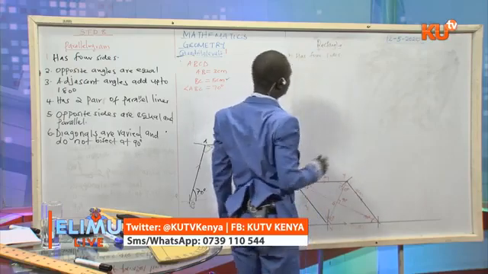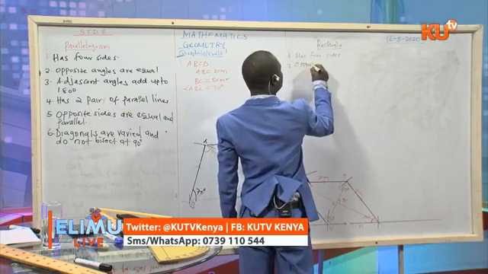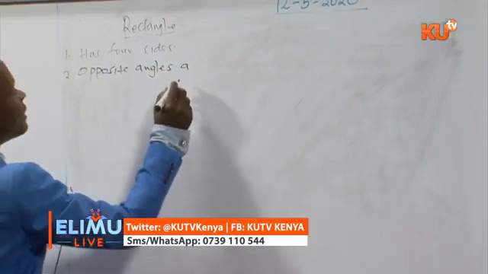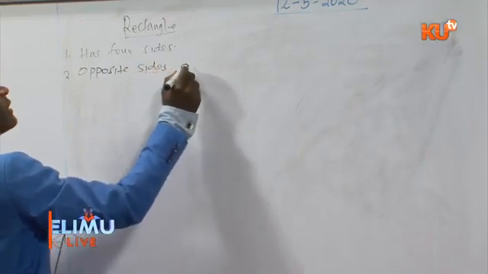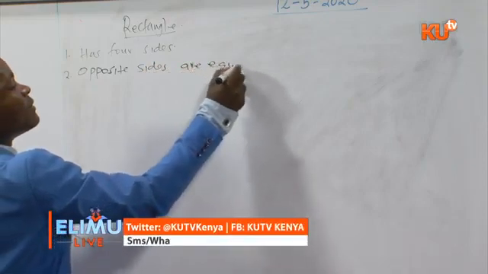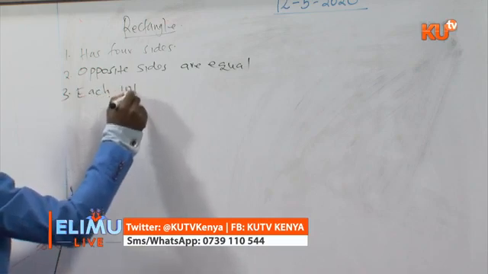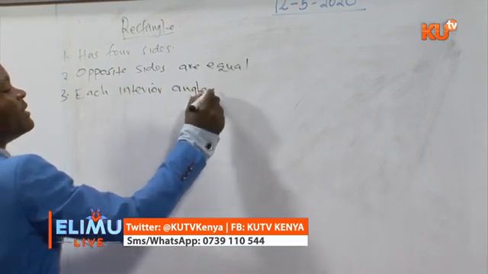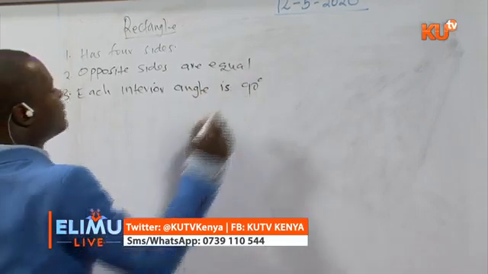Number 2, opposite sides are equal. Number 3, each interior angle is 90 degrees.